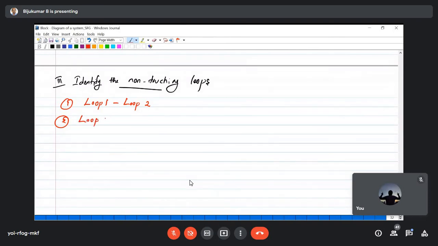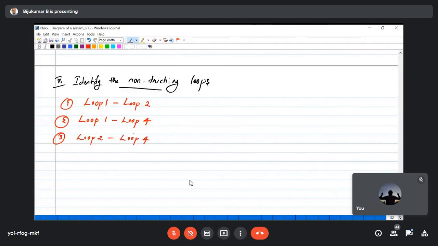If you take loop 1 and loop 3, it is touching, there is a common node, so we cannot select that one. Loop 1 and loop 4 is also a non-touching pair. Loop 2 and loop 4 also do not touch. So there are three combinations.